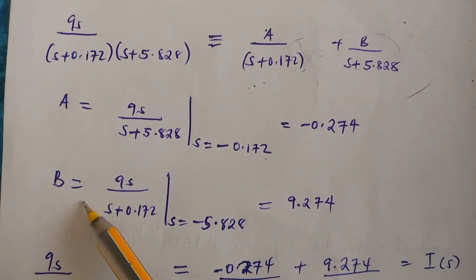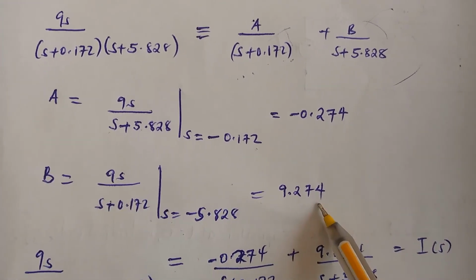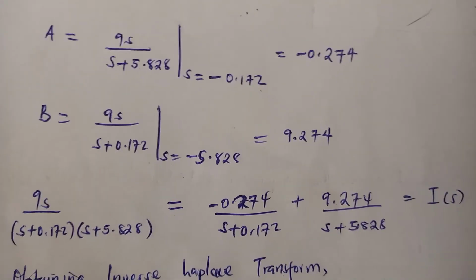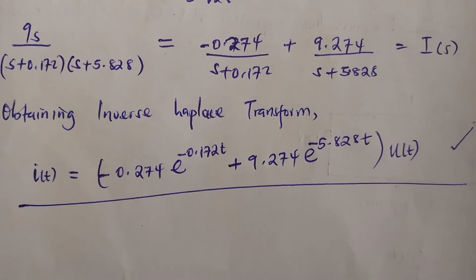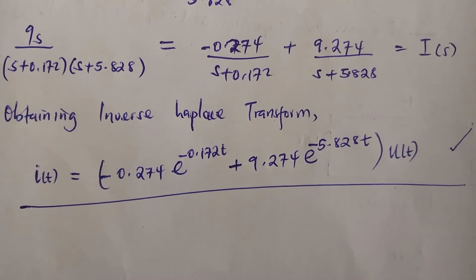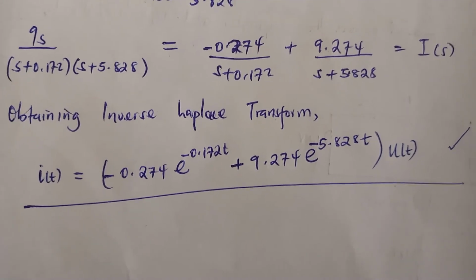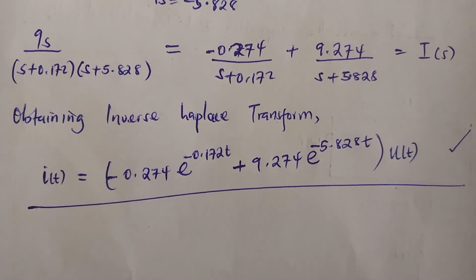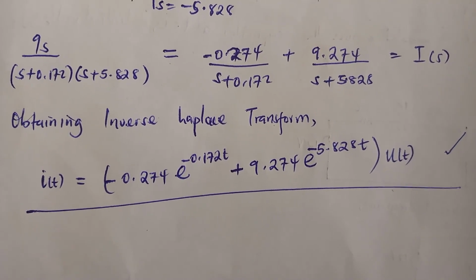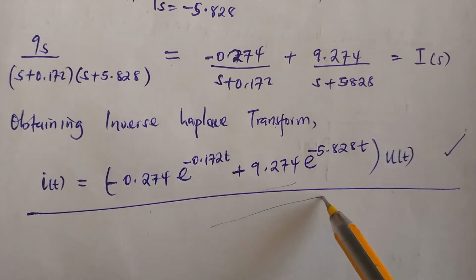Similarly, we determine B in the same way, and we get A and B as these constants. Replacing back the constants, we determine the total fraction in the s domain of the current I of s. Transforming the current I of s into a time domain function gives us the expression required.